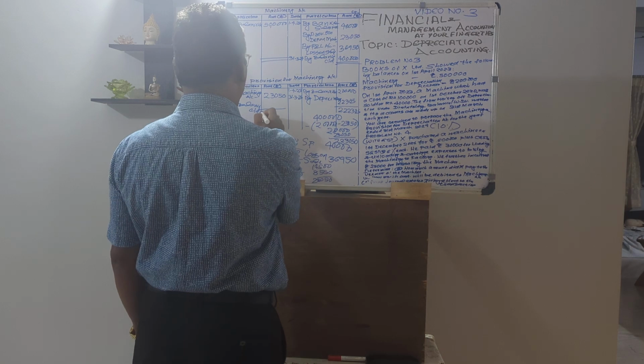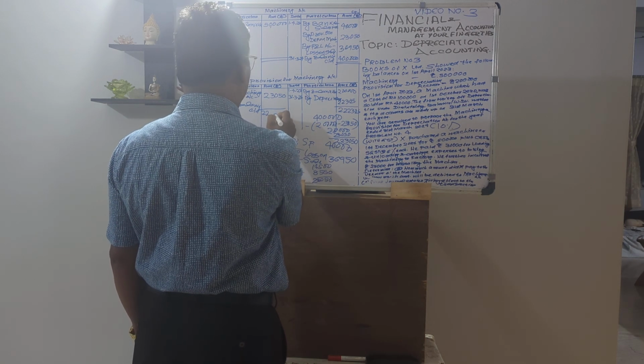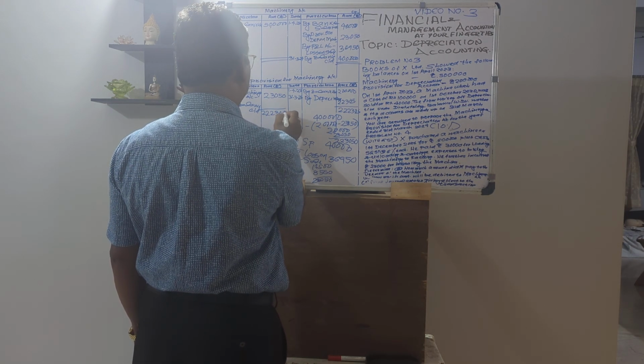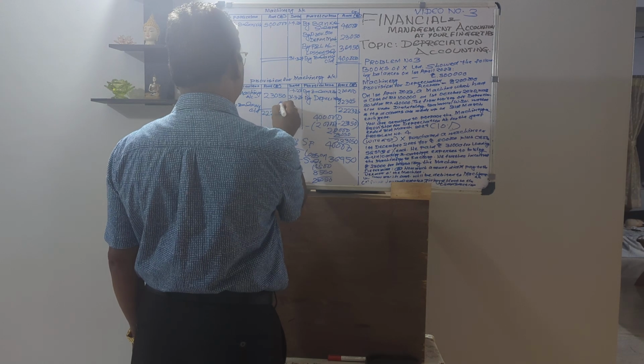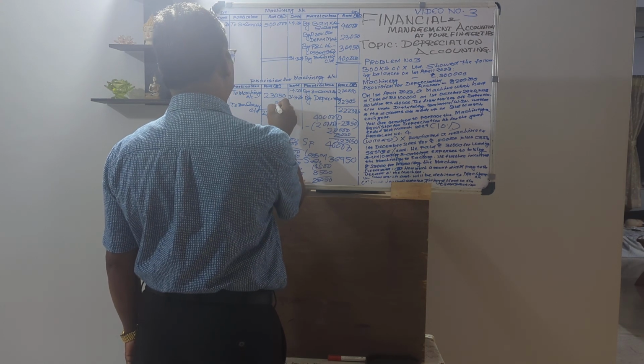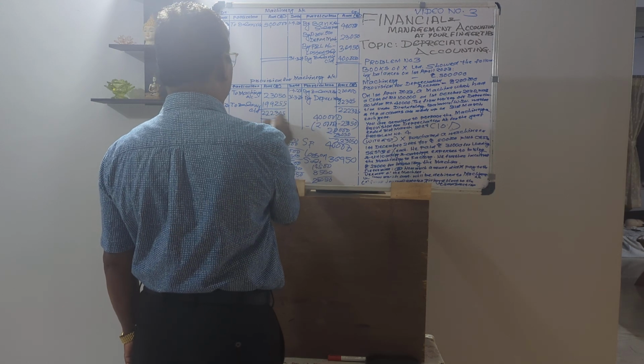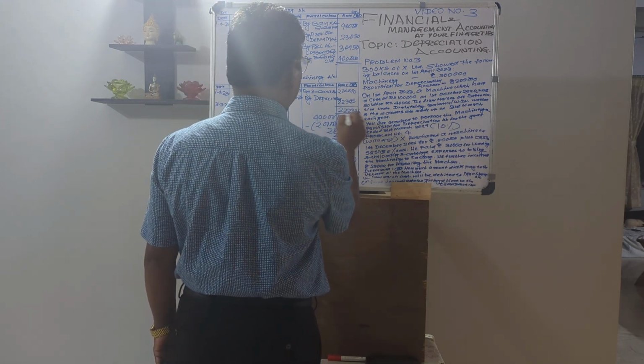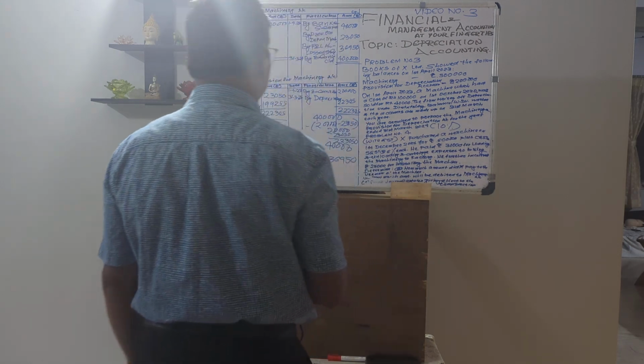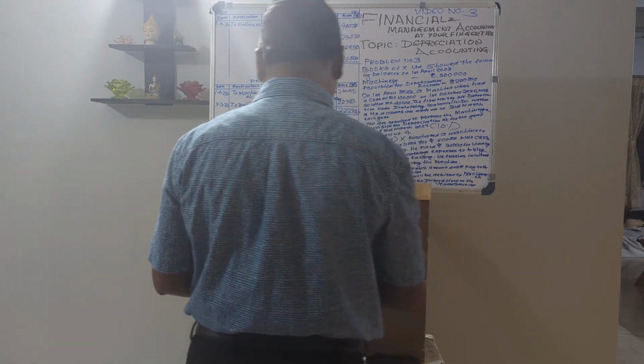Here also 2,22,305. So the amount is 1,99,255. So this is all about the first problem.